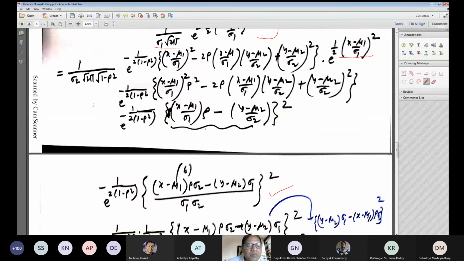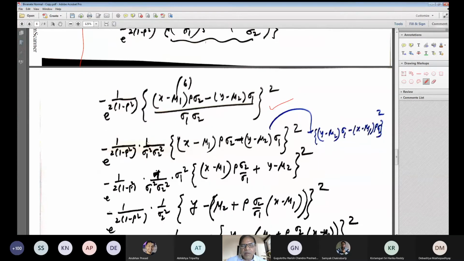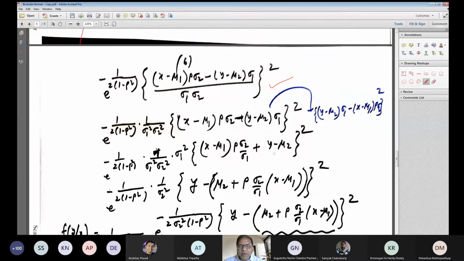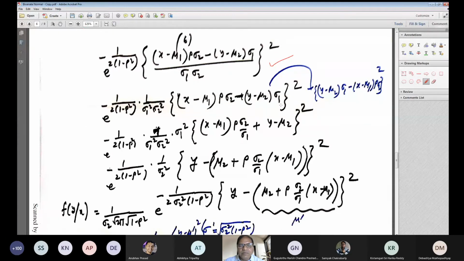The constant term we are still keeping, so that will go continuously. So this term we can further simplify and rearrange, and you will see e to the power minus 1 by 2 into 1 minus rho square sigma 1 square sigma 2 square.